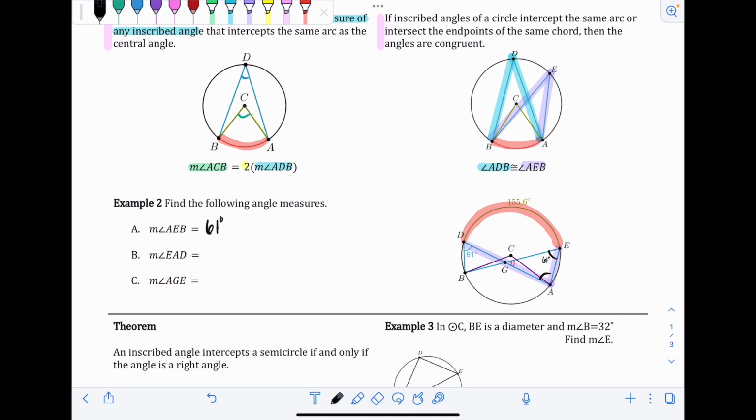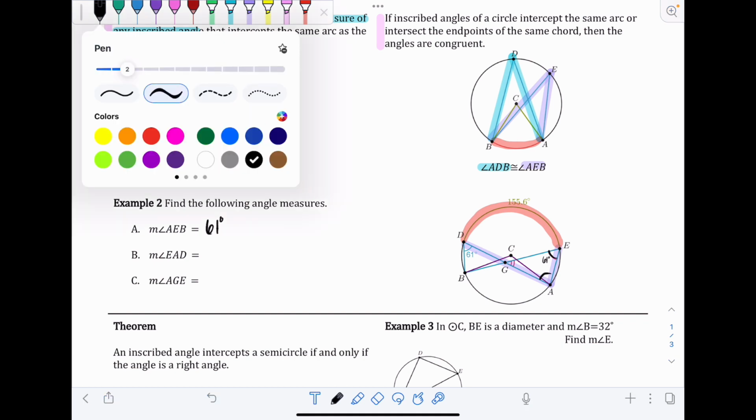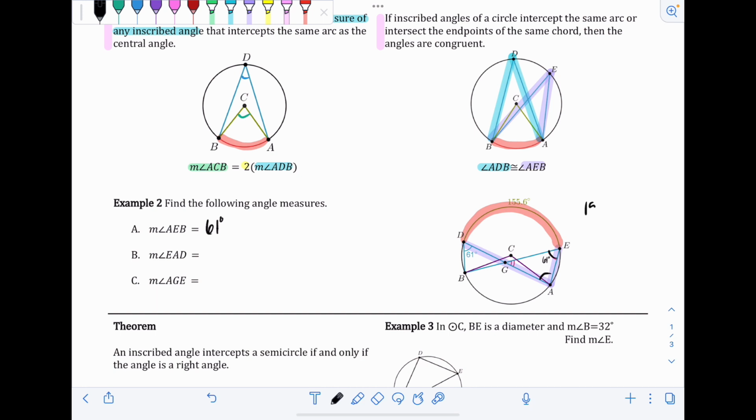That arc is 155.6 degrees. We need to find half of that, so it would be 155.6 degrees divided by 2. 155.6 divided by 2 is 77.8.